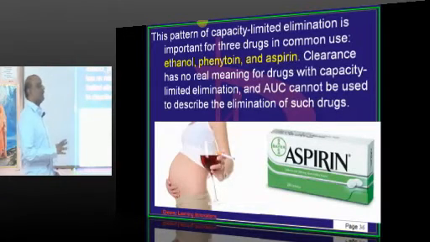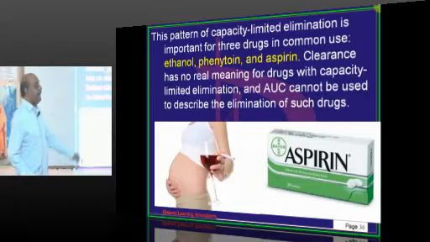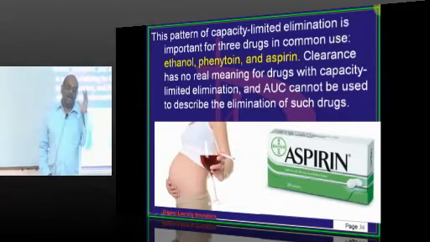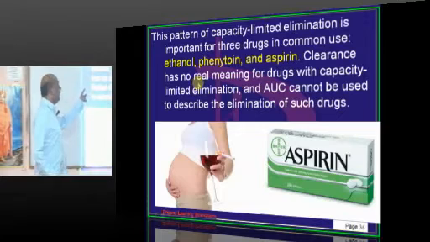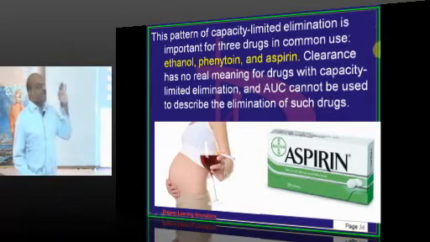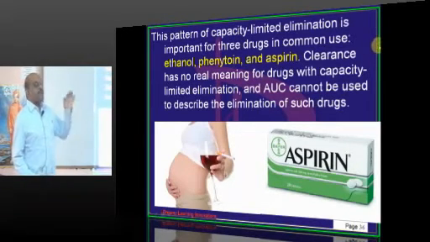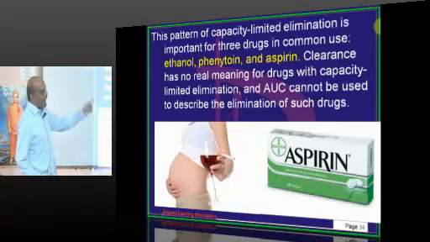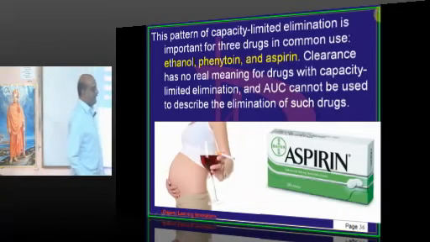Okay, doctor. Now, let's talk about pharmacology. What are those 3 drugs which are capacity limited, enzyme dependent, saturable kinetics? Ethanol, phenytoin, aspirin. Phenytoin, why do we use it, doctor?